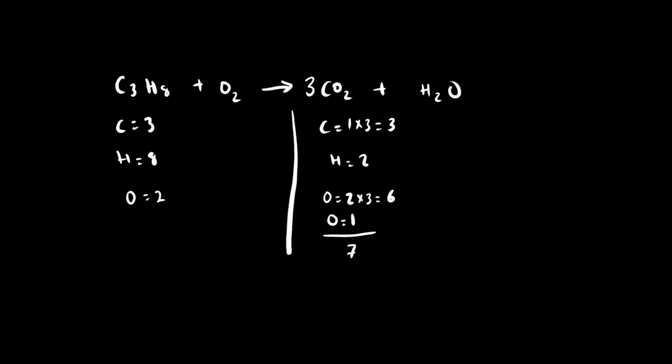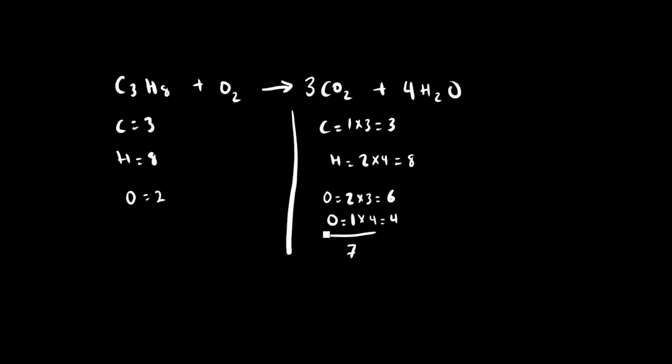Now let's go on to balance the hydrogen. We have 8 on the left and 2 on the right, so least common multiple of 8 and 2 is 8. So let's introduce a coefficient of 4 in front of the water. So now we have 8 hydrogen on the right and instead of 1 oxygen, we have 4 oxygen as part of water.